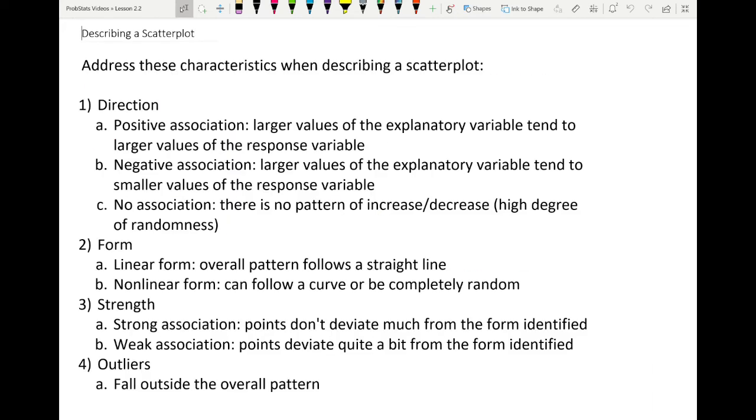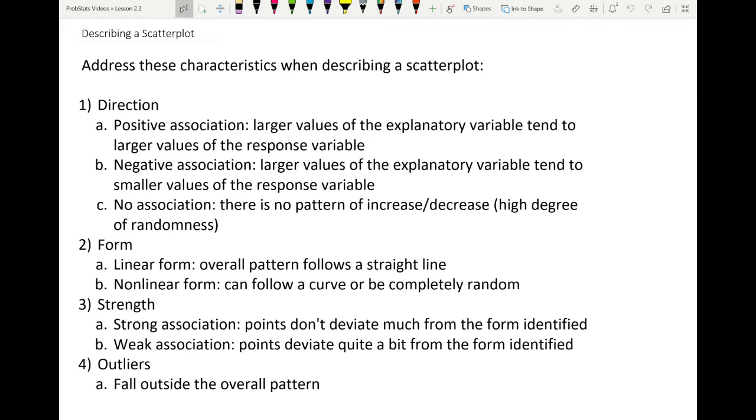All right, so when we're looking at a scatter plot, we want to address the following characteristics. There are 4 main characteristics we want to identify. First off is the direction. So we want to look at positive versus negative versus no association. Remember, association is the relationship between the two variables, whether categorical or quantitative.